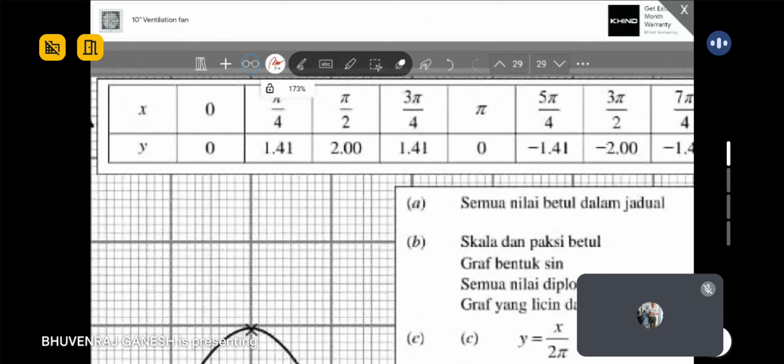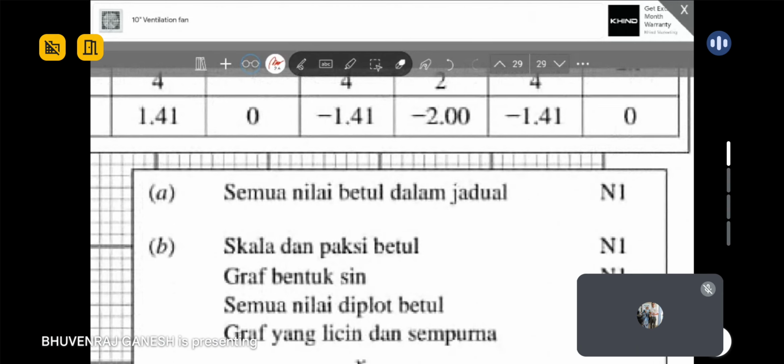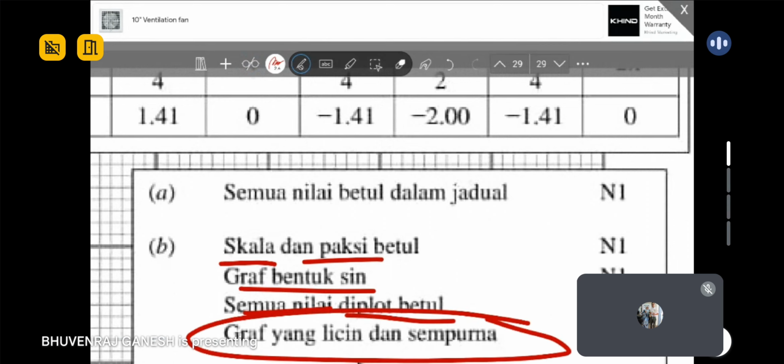Okay, so you see how they check your graph. Basically your scale and axes must be correct: 1 mark. Second mark, if you get a sine shape graph, correct, and all the points plotted correctly. Third mark, and a smooth and perfect graph, the last mark.